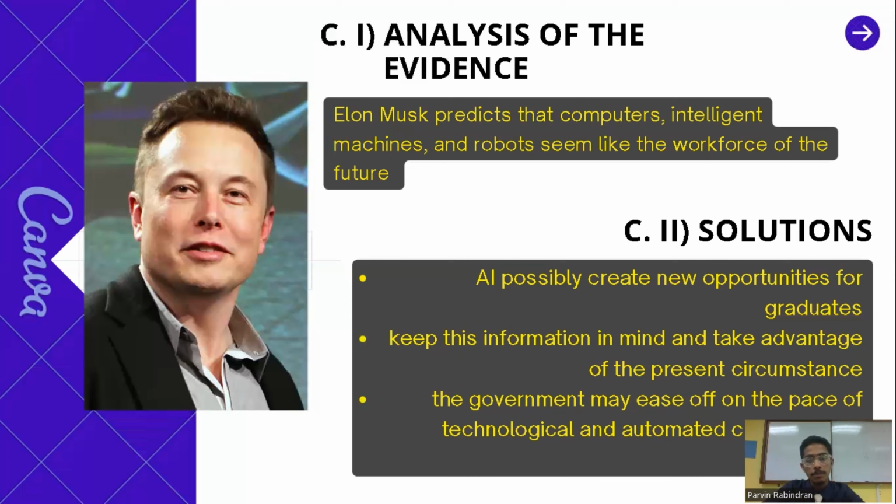Additionally, the government may take fewer initiatives, including easing off on the pace of technological and automated change in the workplace, which would result in more humane and productive environment. Hence, new job opportunities may arise as a result of the growth of artificial intelligence, especially in tech-related sectors like software engineering and data science.